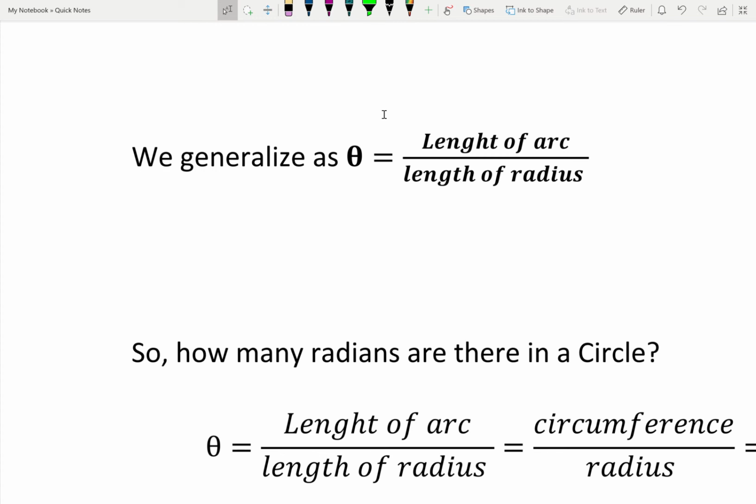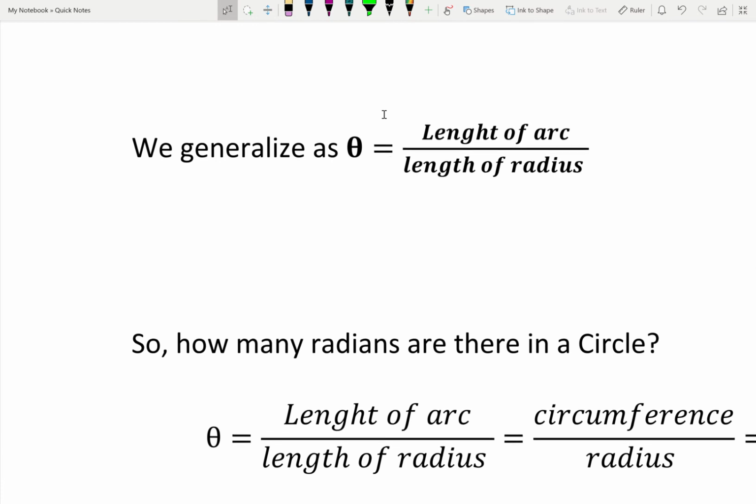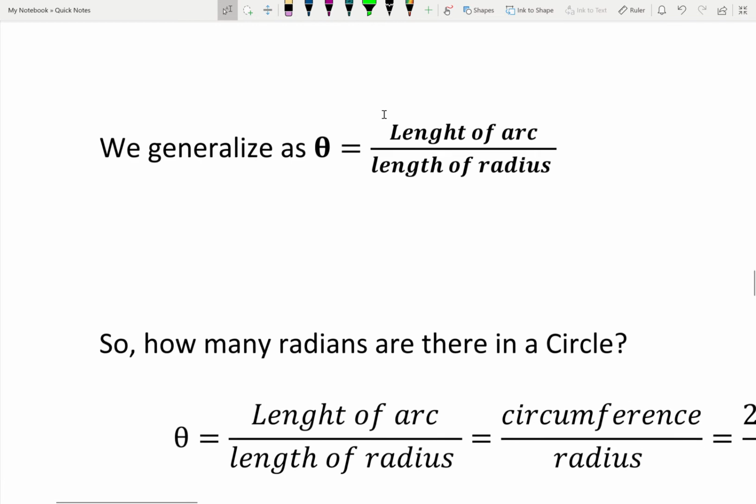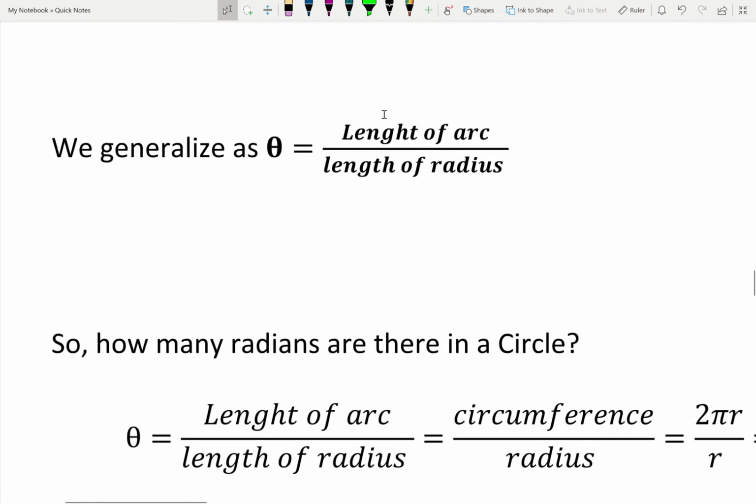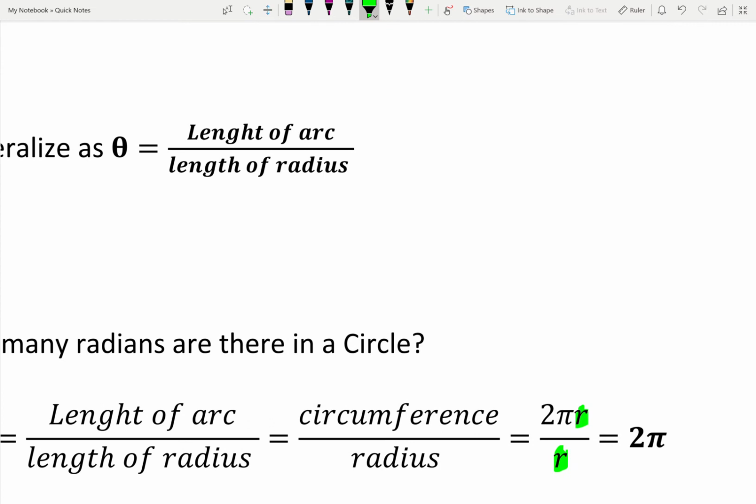Do you guys remember the formula for circumference? I know we haven't used this too much, but the formula for circumference is 2 pi r. And the radius is referred to as just r. So I have an r in the numerator and an r in the denominator, and they cancel out. I'm just left with 2 pi.